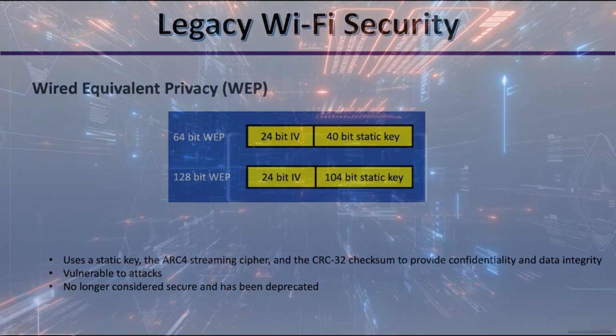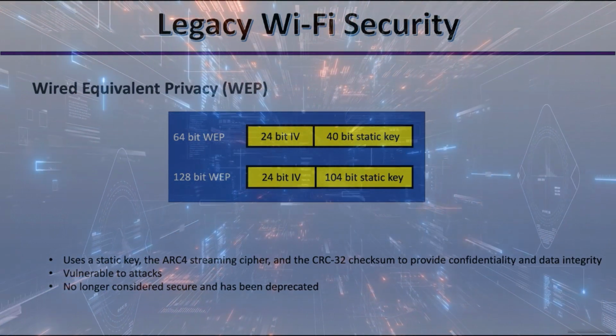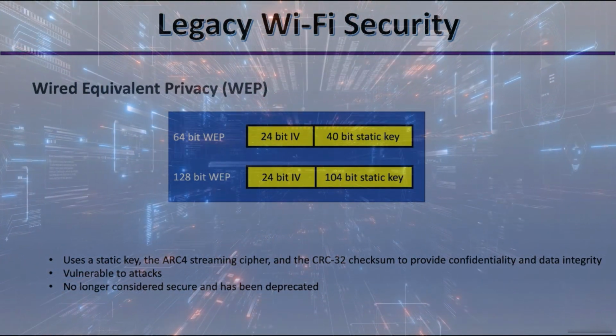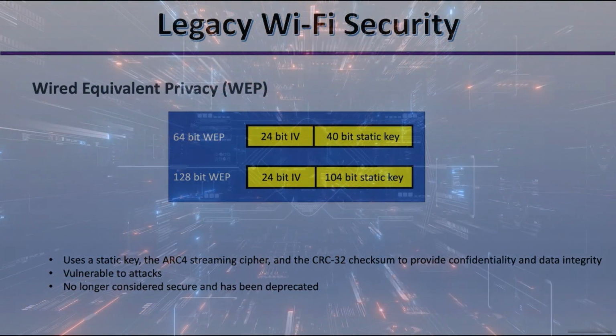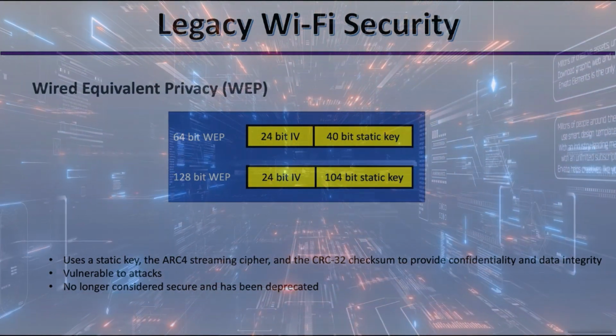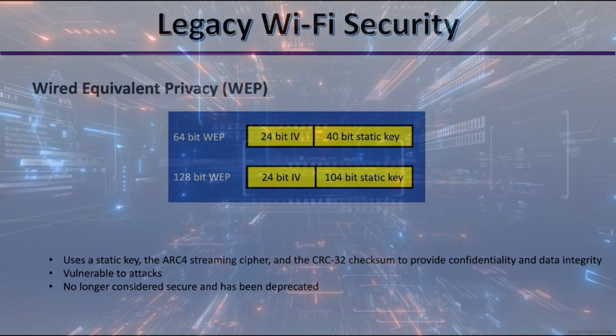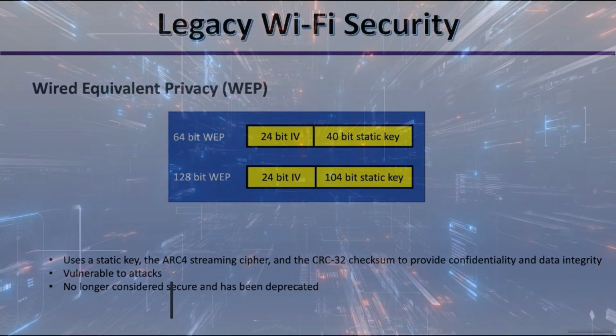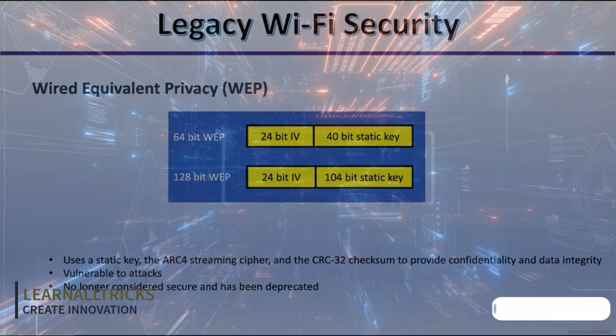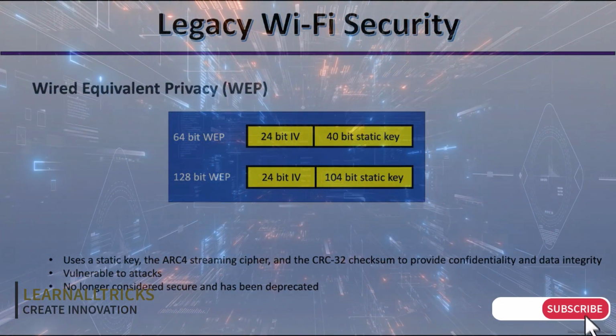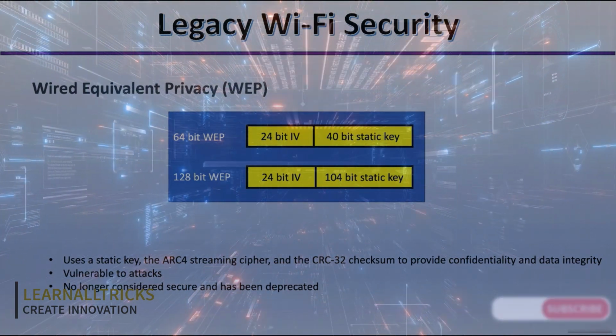WEP uses an initialization vector, or IV, as part of its encryption process. The 64-bit WEP protocol used a 40-bit static key combined with a 24-bit IV, while the 128-bit WEP protocol used a 104-bit static key with a 24-bit IV.